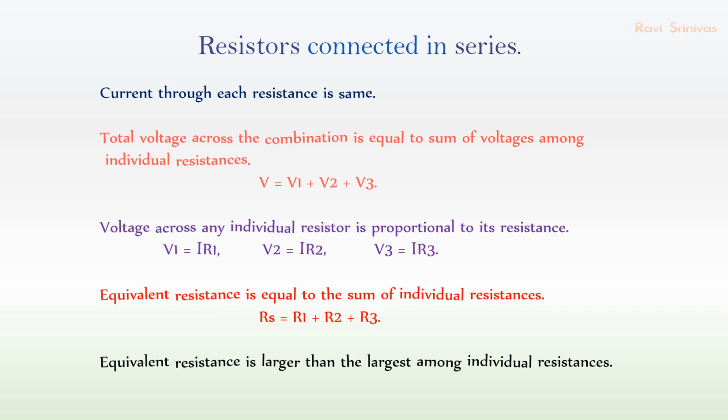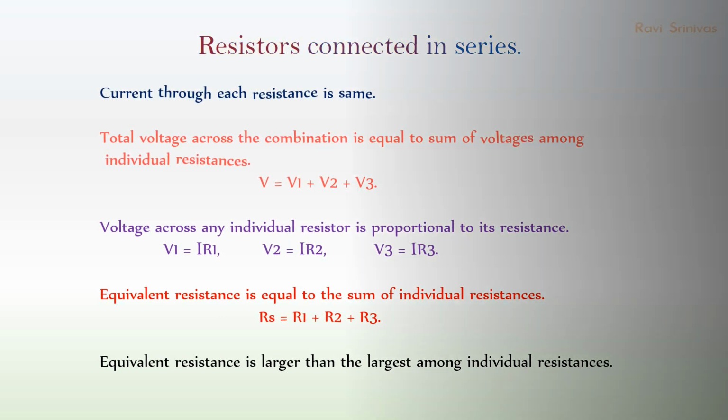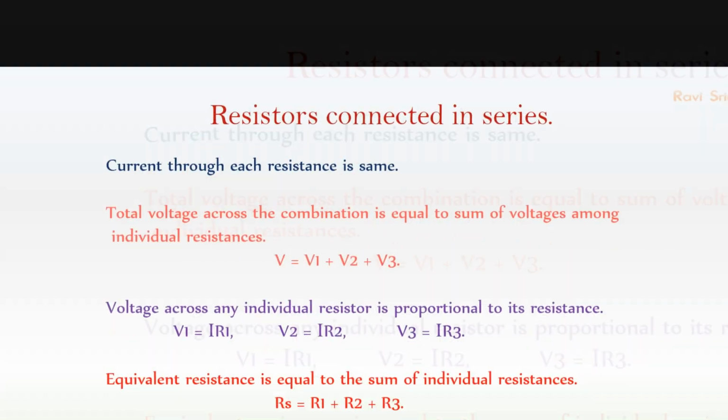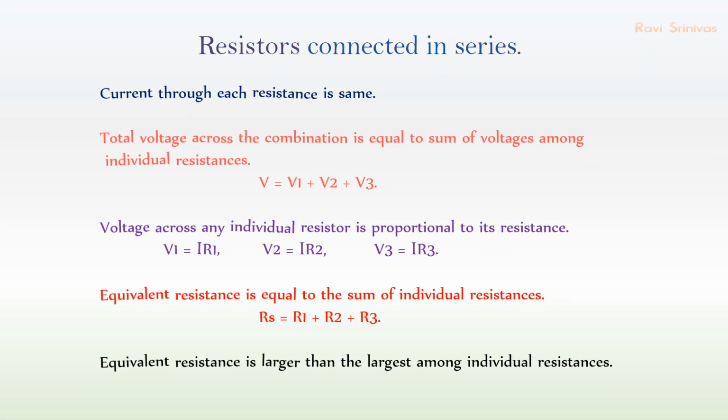V equal to V1 plus V2 plus V3. Voltage across any resistor is proportional to its resistance. V proportional to R. So we have V1 equal to IR1, V2 equal to IR2 and V3 equal to IR3.